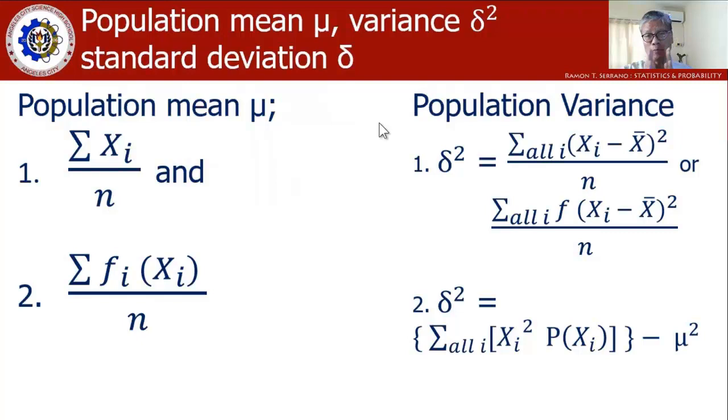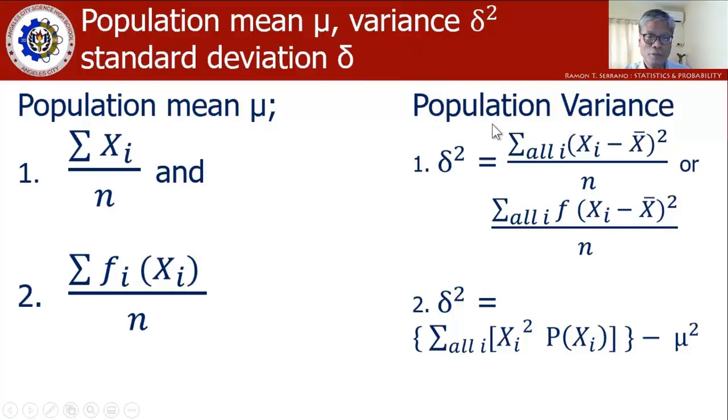Okay, now let's take a look at the population mean, variance, and standard deviation. Take note of the notations, the symbols. We have mu for the mean, sigma squared for variance, and sigma for the standard deviation.